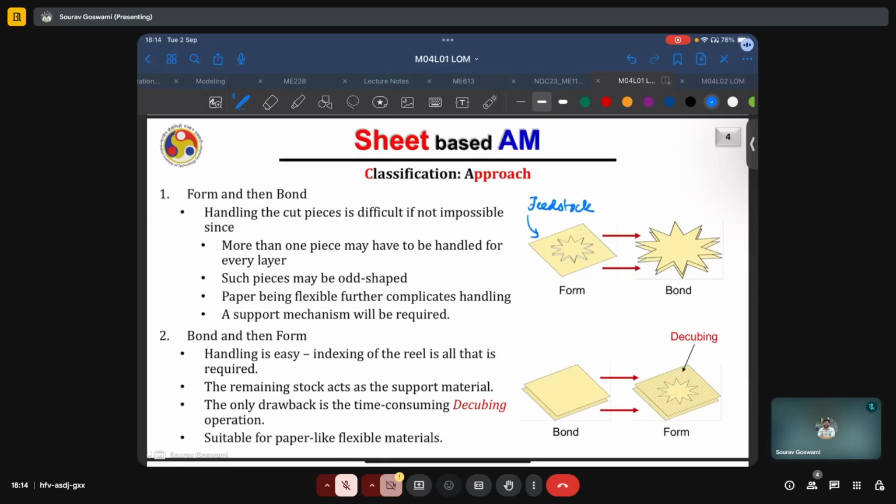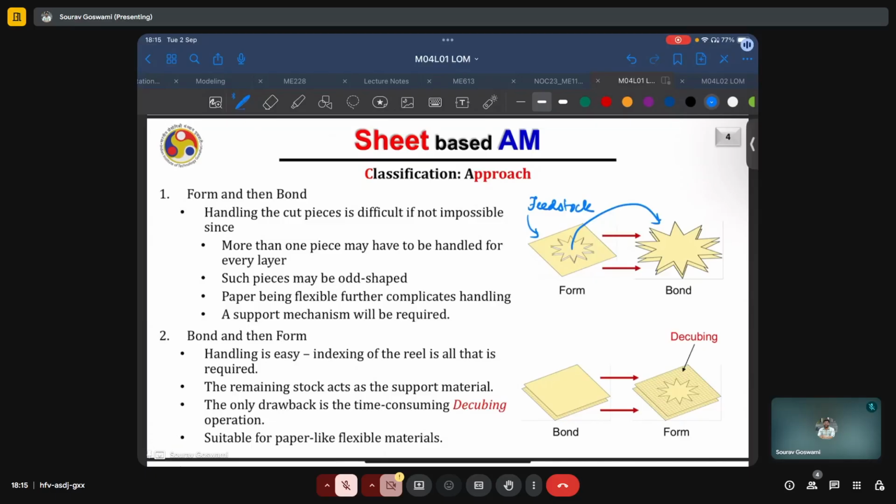In the form then bond approach, we first cut out this useful region or region of interest from the feedstock and then assimilate it with the existing or pre-deposited or pre-joined layers. So we will cut this and transport it here on top, and then using some mechanism or some adhesive like we discussed, it will be stuck to the pre-deposited layers.